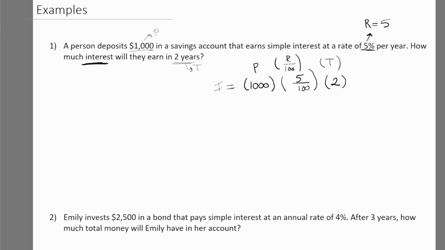This is T. So you can go ahead and just plug this whole thing in your calculator. We get that the interest received over 2 years is $100. Okay, this is it for this question.